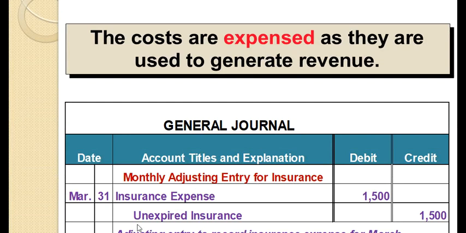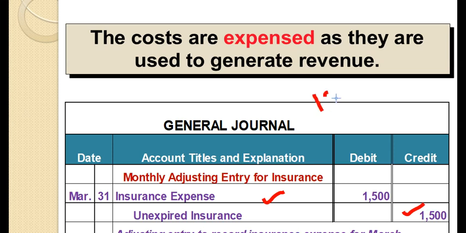We use this in March, and on March 31st insurance expense is a debit. Now we have used 1 month. So we write insurance expense 1,500 as debit, and unexpired insurance 1,500 as credit. And how do we get the 1,500?